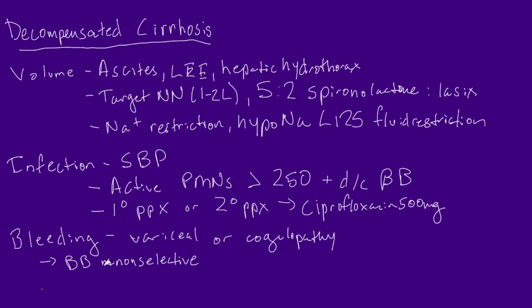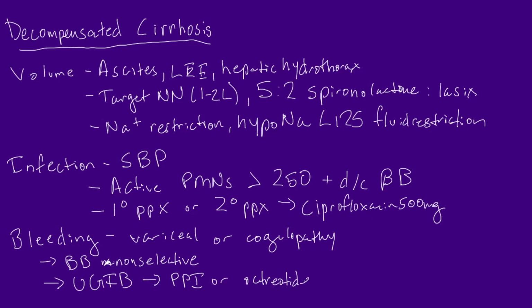And then, if there's a concern for an upper GI bleed, that's when you want to be doing the PPIs or octreotide, right?